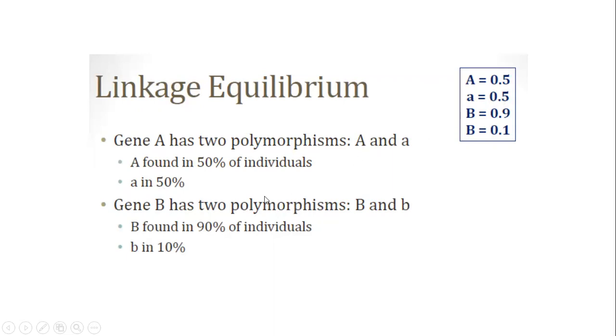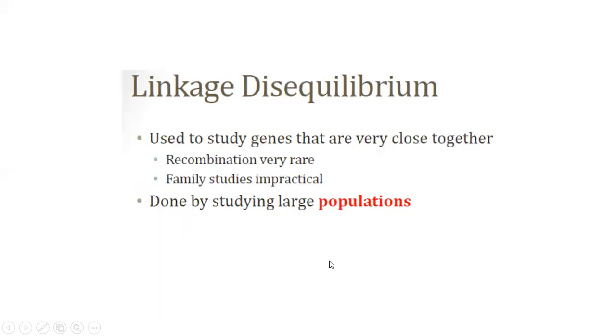And gene B, let's suppose, has two polymorphisms, uppercase B and lowercase b. Let's suppose that uppercase B is found in 90% of individuals, and lowercase b in 10% of individuals. So their frequencies will be 0.9 for capital B, and 0.1 for small b.